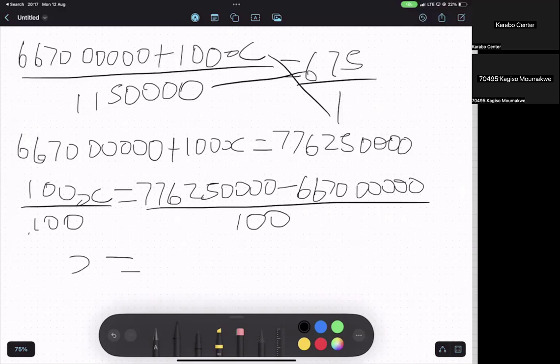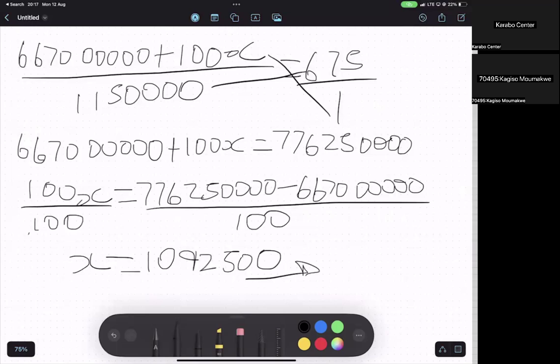Then you'll get your X as 1,092,500. So you see, guys, we still got the values that we are used to, we still got millions.